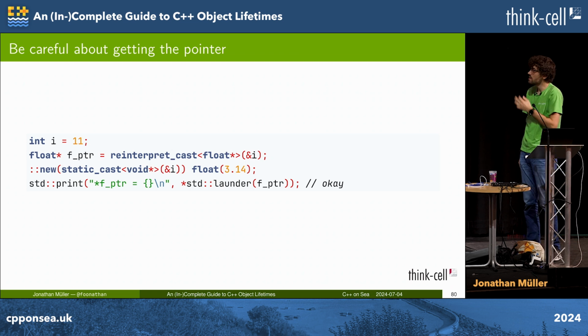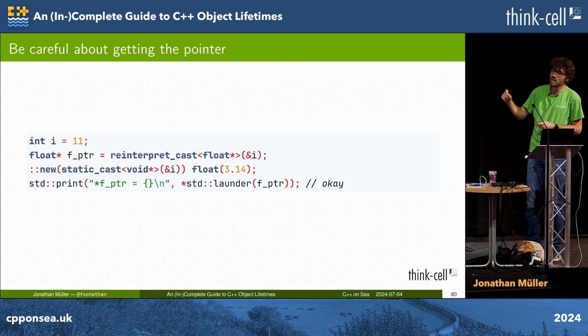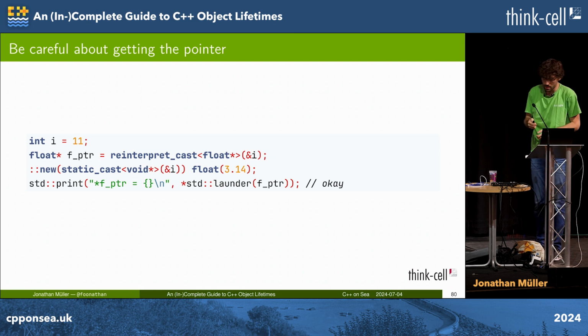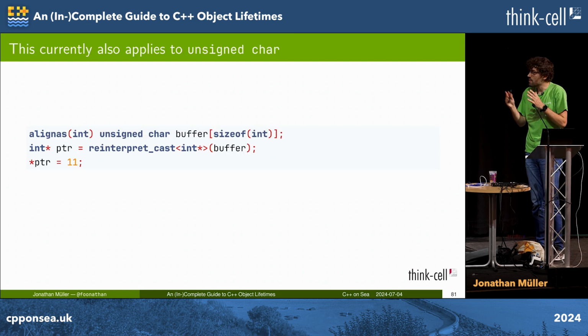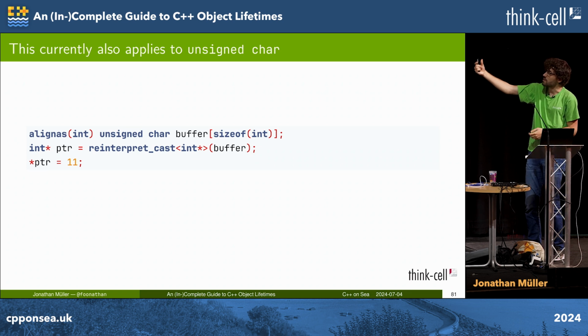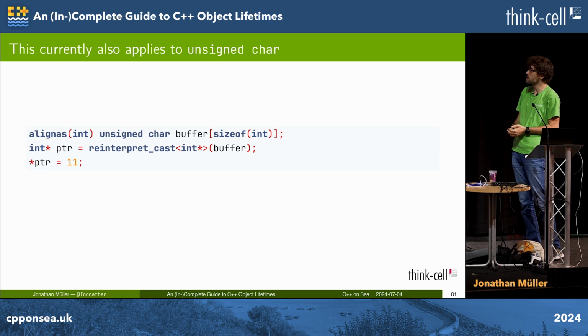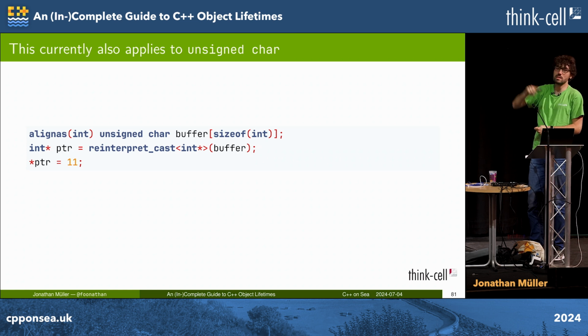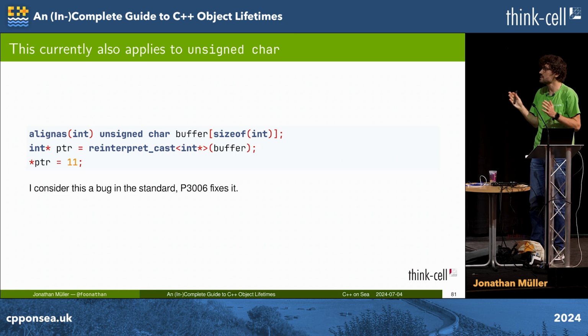And this sort of behavior, that you have to be careful how you get the object in order to use it, and you might have to use launder, also explains why this is undefined behavior under the current wording of the standard. When we've got an unsigned char buffer, even though it wants to implicitly create objects in there, the pointer we get is still a pointer to the unsigned char buffer and not a pointer to the int instance. And this is a bug in the standard.